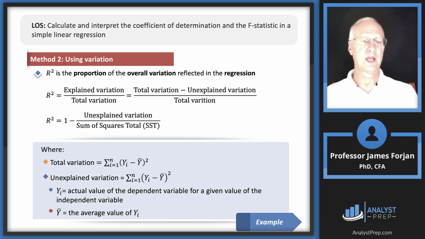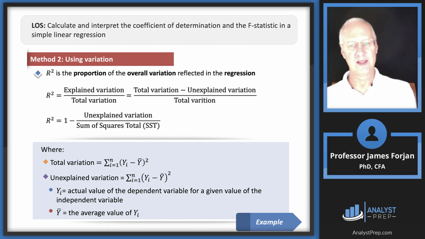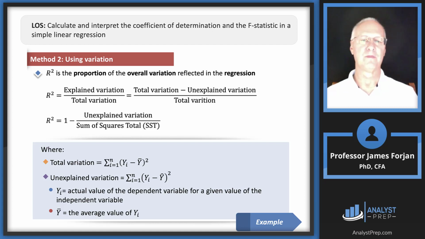So look at the second R squared equals. It's explained variation over total variation. And you can divide that explained variation in the numerator to total variation minus the unexplained variation. And then you can flip it around and do 1 minus that ratio as well.